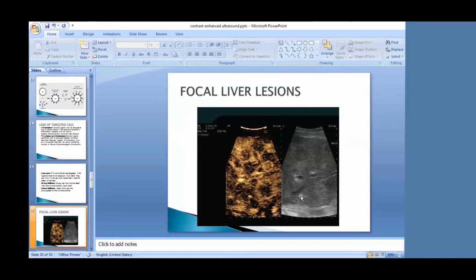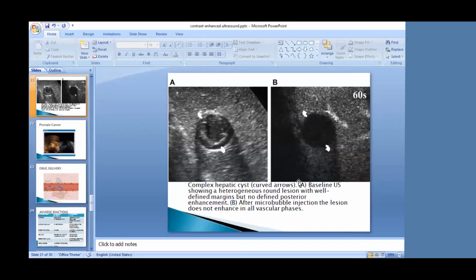Now this is a focal liver lesion. You can see it here. We saw it by contrast enhanced ultrasound. Okay, this is a complex hepatic cyst. Okay, this is a B mode image.